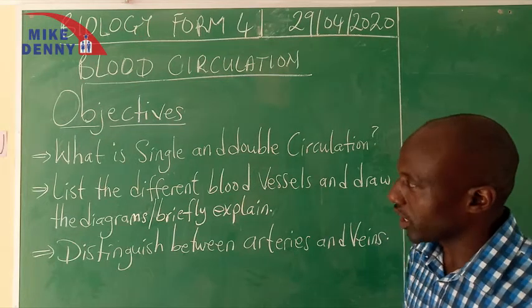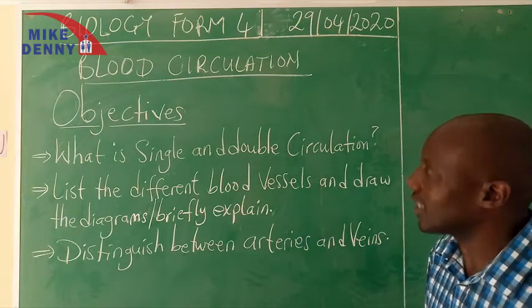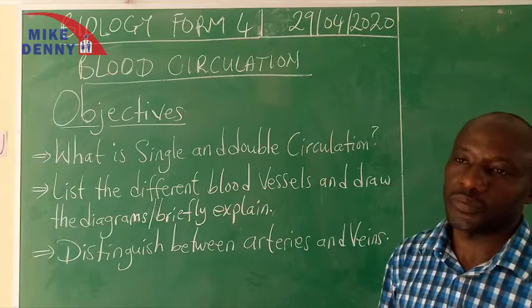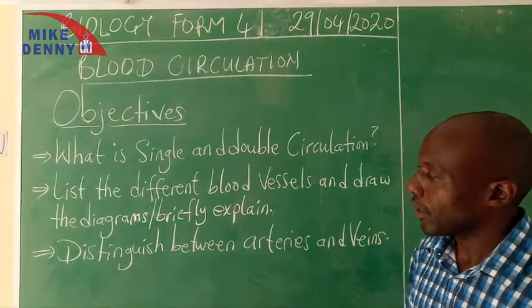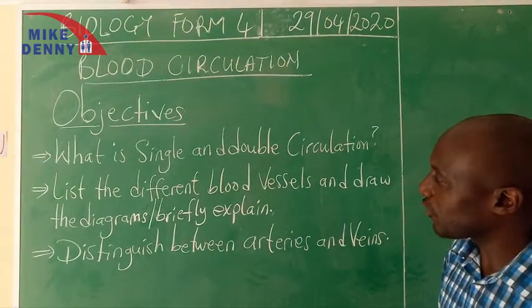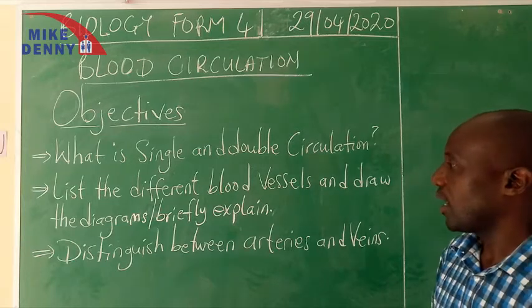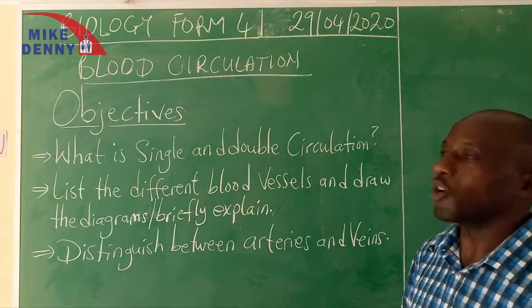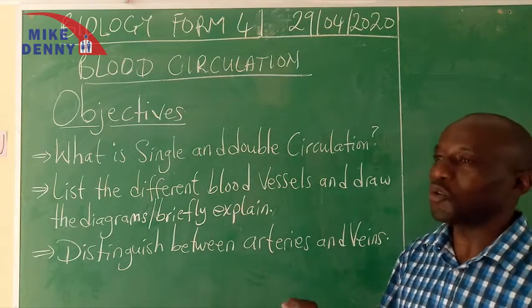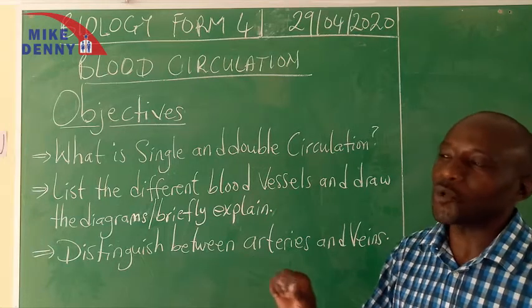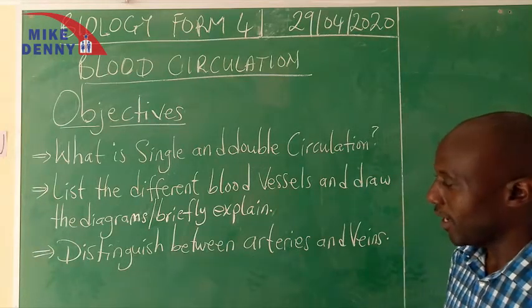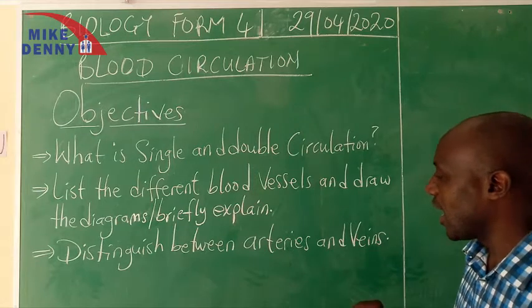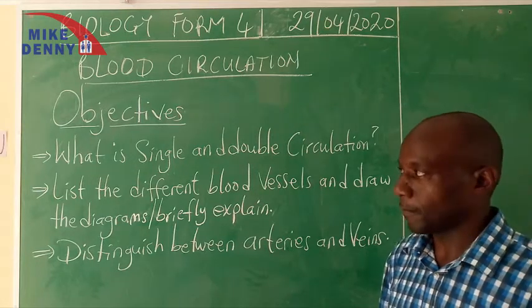And the first objective is, what is single and double circulation? The next one is, list the different blood vessels and draw the diagrams. Equally briefly explain. It means when you draw, you are able to say one or two things on the diagram. Then distinguish between arteries and veins.